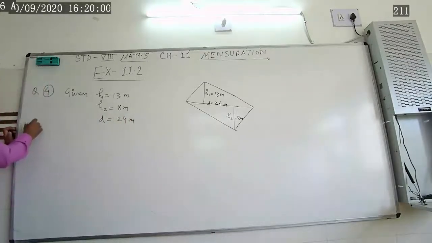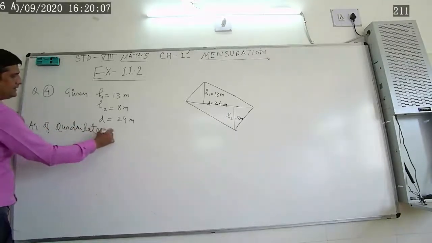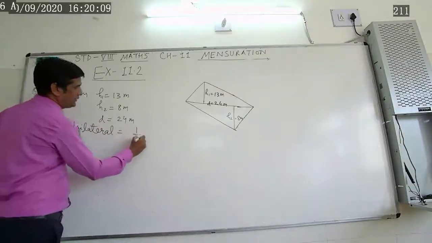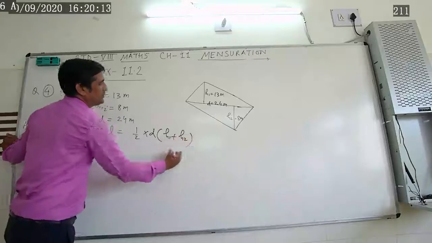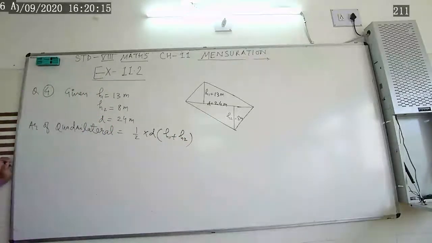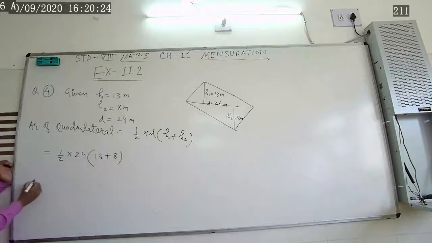So area of quadrilateral is equal to 1 by 2 into d, bracket h1 plus h2. This is the formula already discussed with you. That will come 1 by 2 into d, 24, into 13 plus 8.